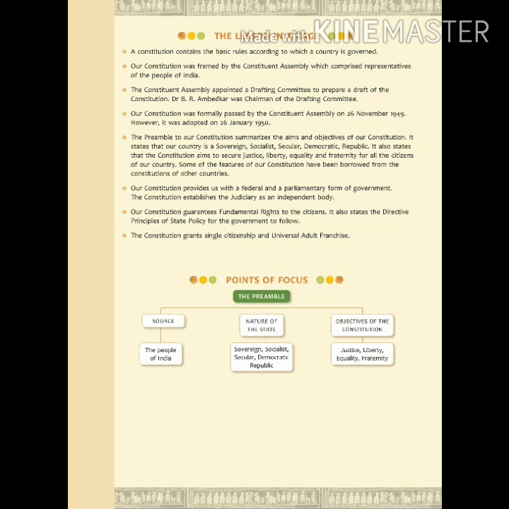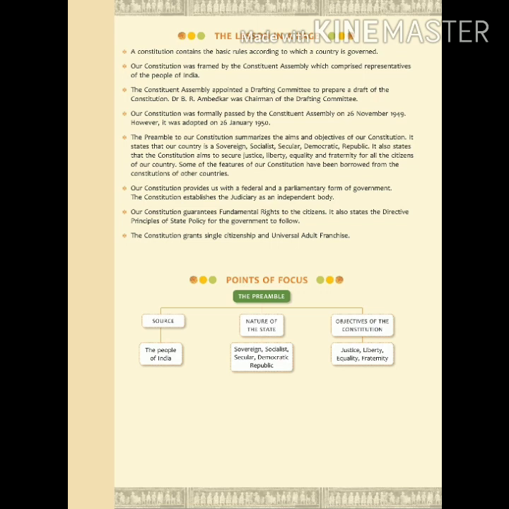And the last one says the Constitution grants single citizenship and universal adult franchise. Single citizenship means that nobody can enjoy dual citizenship here. People born to the citizens of India are citizens of the nation and not of the state.